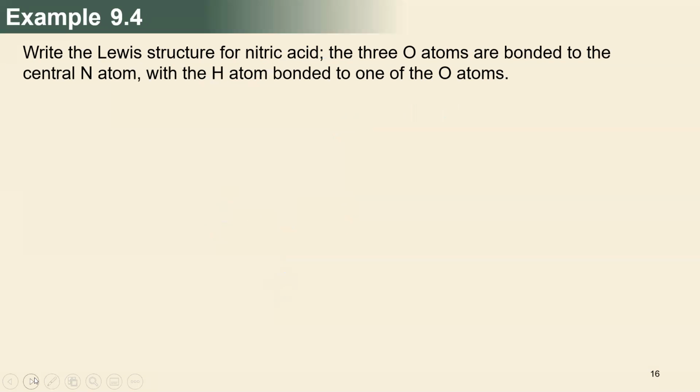Okay, I'm going to give you a minute to write out the Lewis structure for nitric acid, right? Hopefully you remember that this is HNO3. It gives you a little hint here that the hydrogen atom is bonded to one of the oxygen atoms, rather than being bonded to the nitrogen directly.